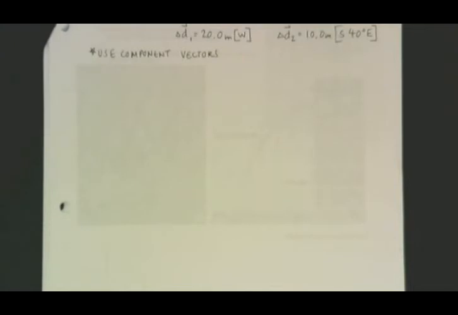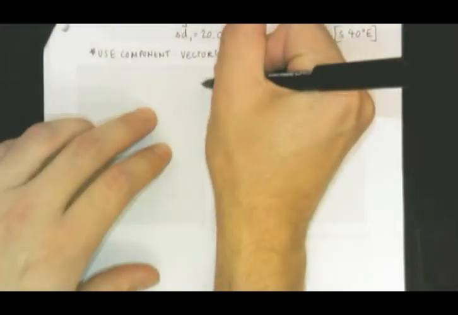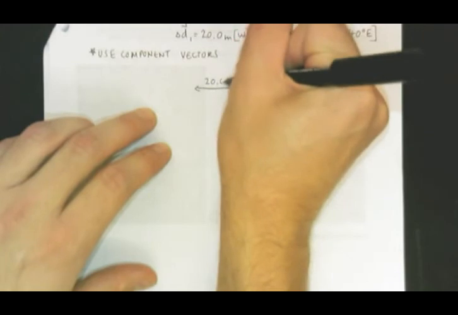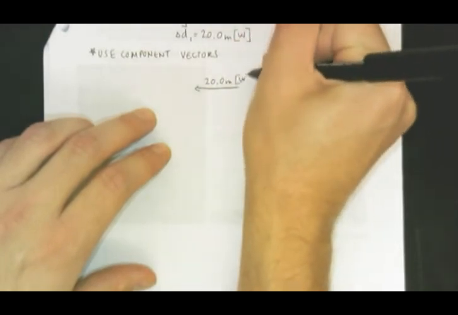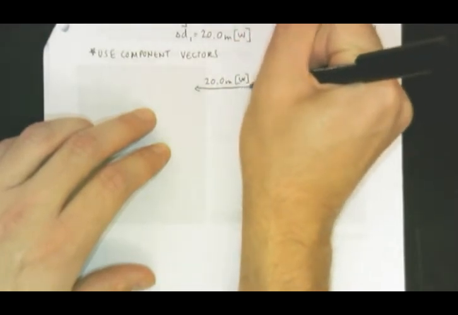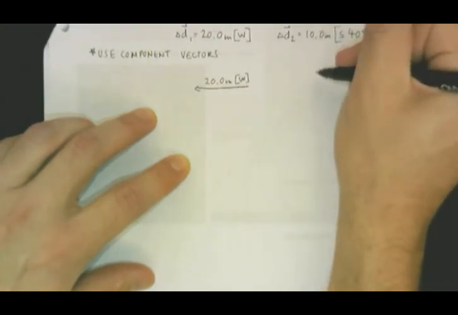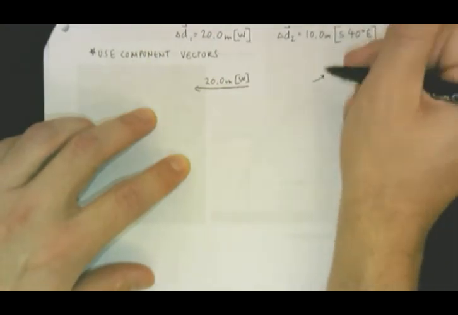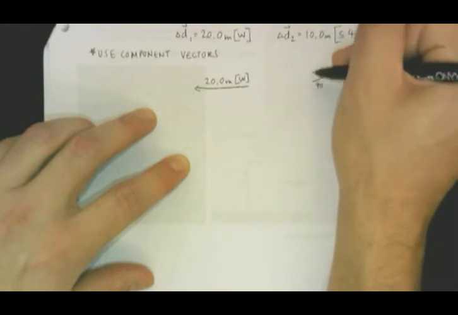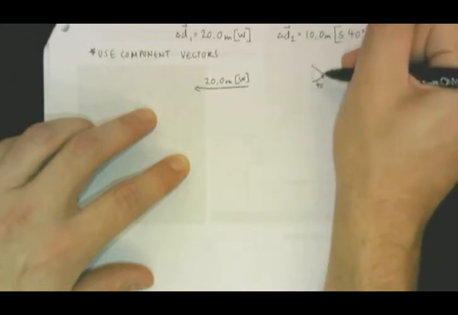So what's the first step? I'm going to draw a reasonable diagram of what these look like. The first vector, delta D1, is 20.0 meters west. And the second vector, delta D2, is about 40 degrees to the east of south and is 10 meters long.